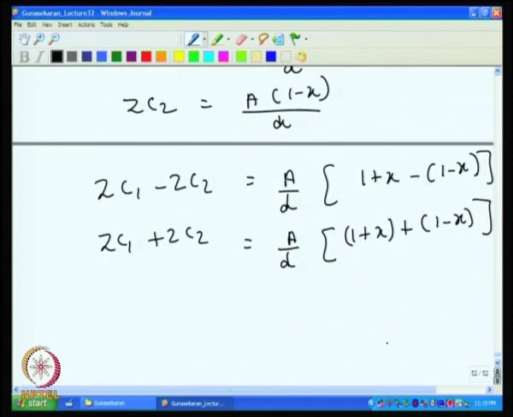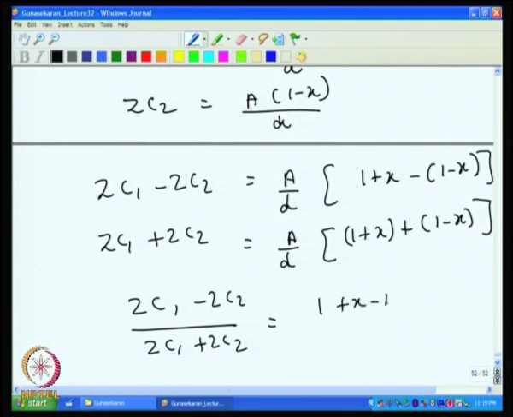So now ZC1 minus ZC2 divided by ZC1 plus ZC2 will turn out to be 1 plus x minus 1 plus x on top, and 1 plus x plus 1 minus x at the bottom, which is 2x by 2, that comes as x.